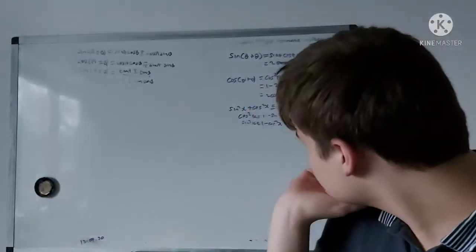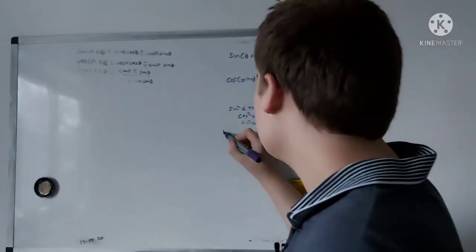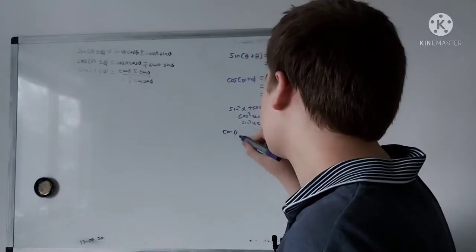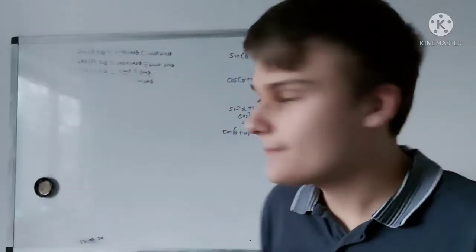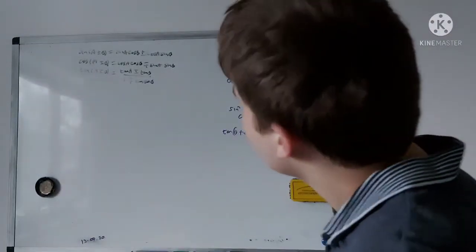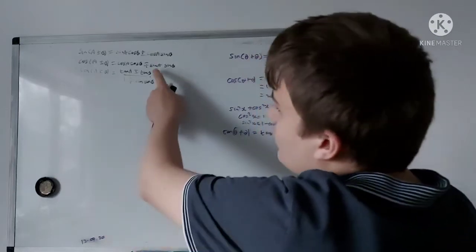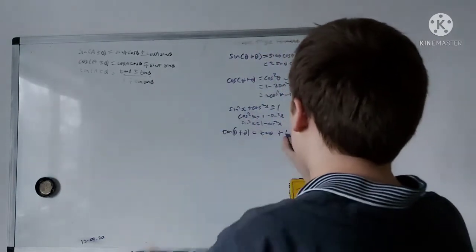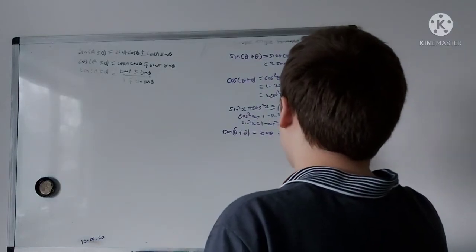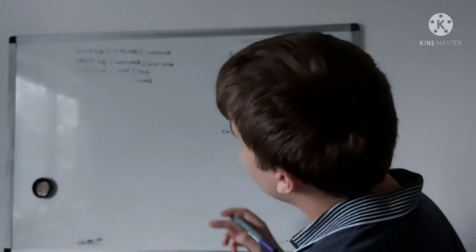Now, tan of A plus minus B, so we've got tan of theta plus theta. We've got that. Agree? Good. So we've got tan of this. Now, we've still got the plus minus here, so we can add on another tan theta. And then on the bottom, we've got 1 minus.